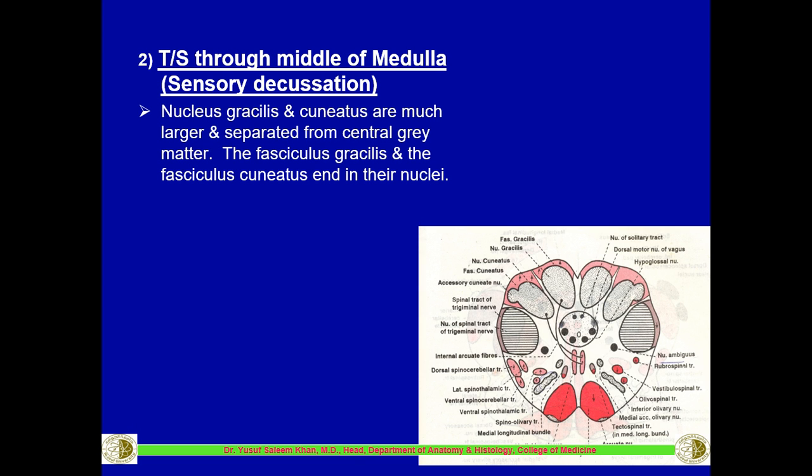So here, if you can appreciate the nerve nuclei, especially if you see this sensory region, here you can see the nucleus gracilis as well as the cuneatus much larger, and here you can see the fasciculus gracilis and cuneatus very thin.